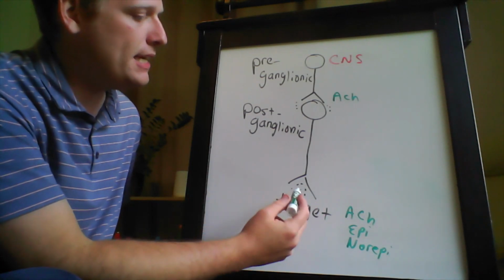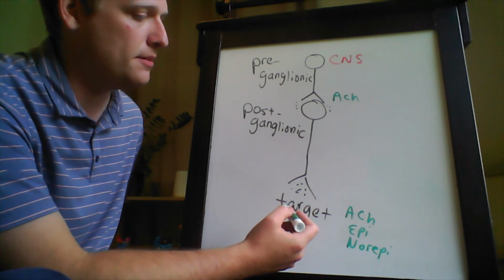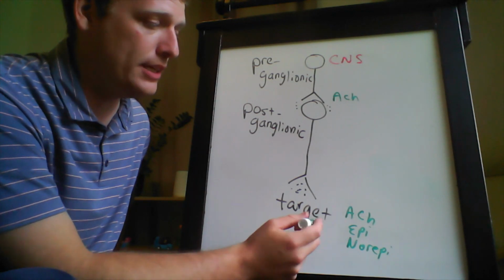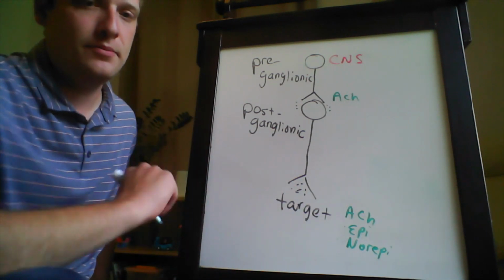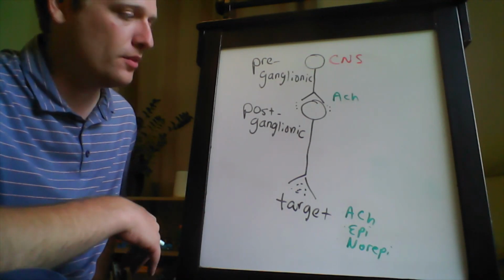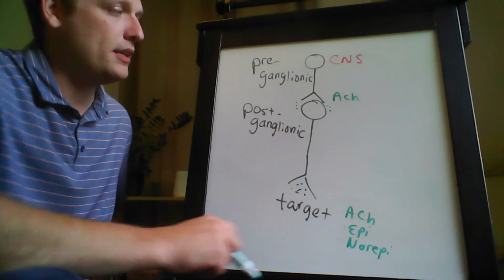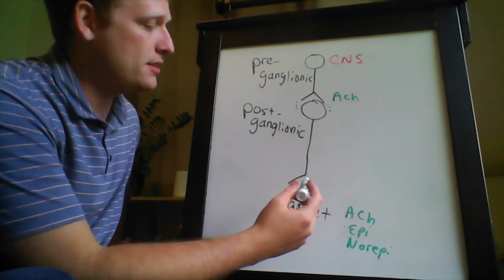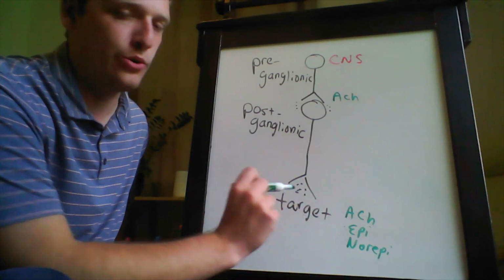Now, depending on whether you're talking about sympathetic or parasympathetic nervous system, the postganglionic neuron might release acetylcholine or epinephrine or norepinephrine. So we'll look at the different uses of those three neurotransmitters. But again, preganglionic neurons always release acetylcholine. The postganglionic neuron can release acetylcholine, epinephrine, or norepinephrine.